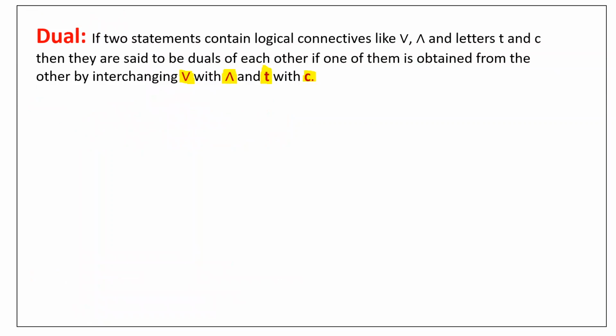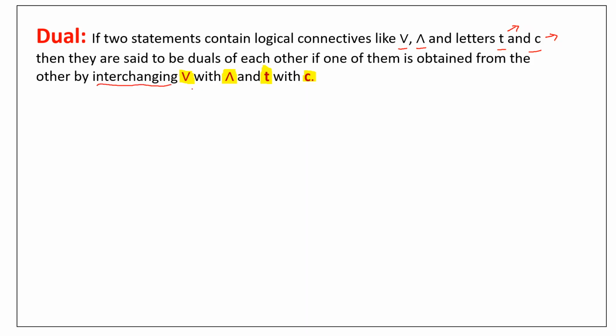Now next, duality. If two statements contain logical connectives like and, or, T and C, where T means tautology and C means contradiction, then they are said to be duals of each other if one of them is obtained from the other by interchanging.